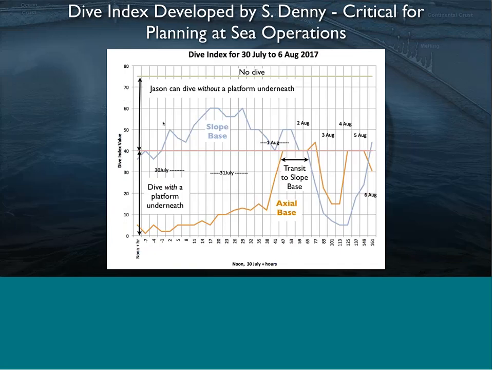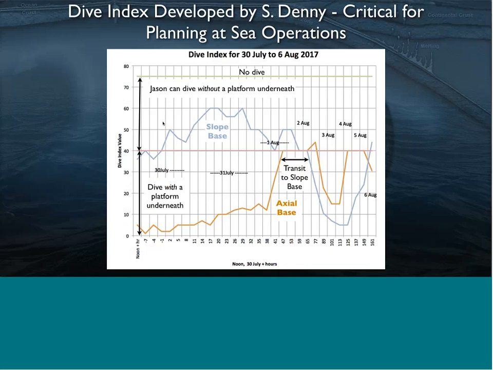The other thing that we're acutely aware of is weather, and this is something that Skip Denny put together. With what he's done in looking at wave conditions and weather conditions, we can plan out remarkably well, 2 to 3 days in advance.